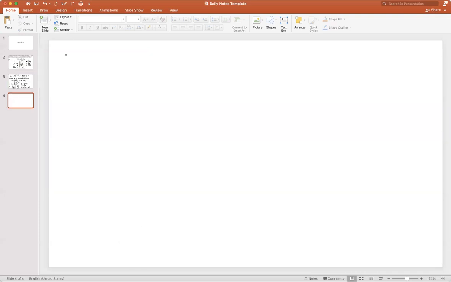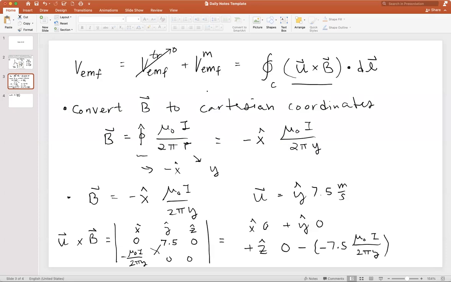In total, I now know that the velocity crossed with the magnetic field is in the positive z direction and can be given by this expression.